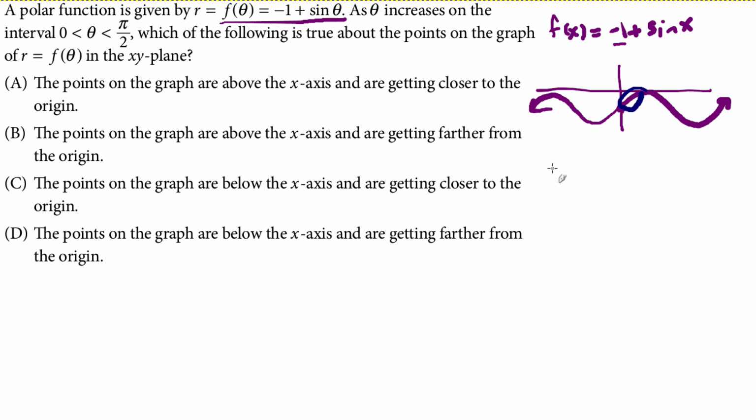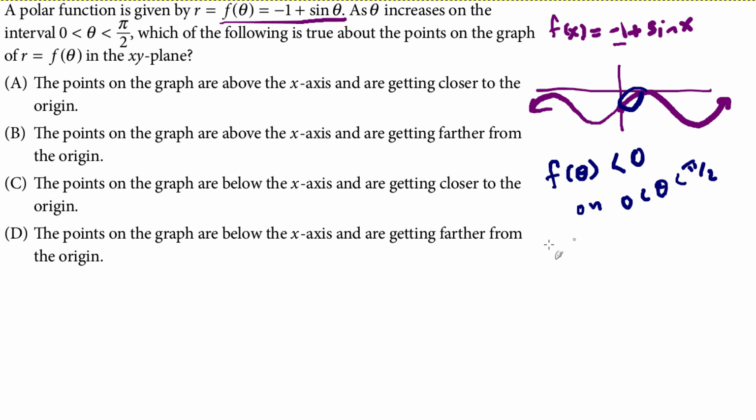Let's talk about f of theta. So f of theta is less than 0. Notice I don't include, I had to double check. Less than 0 on the interval 0 less than theta less than pi over 2.